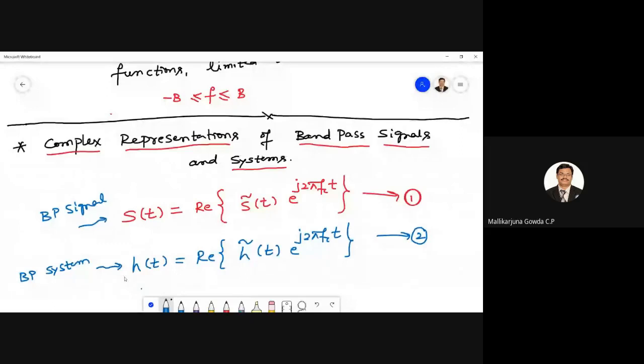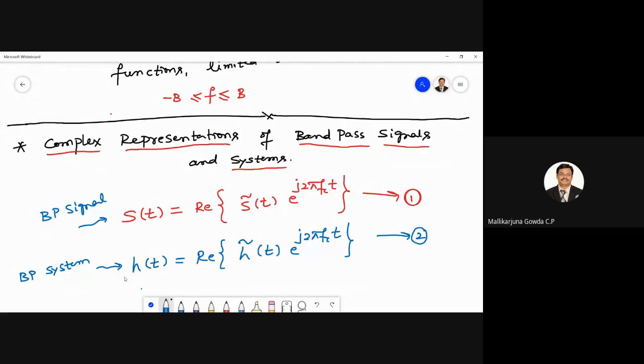The second equation is about the system, and the first equation is about the signal. The presence of this exponential factor in both equations complicates the analysis of the bandpass system driven by the bandpass signal s of t. This analysis can be simplified through the combined use of the complex low-pass equivalent representation of both the signal and the system.